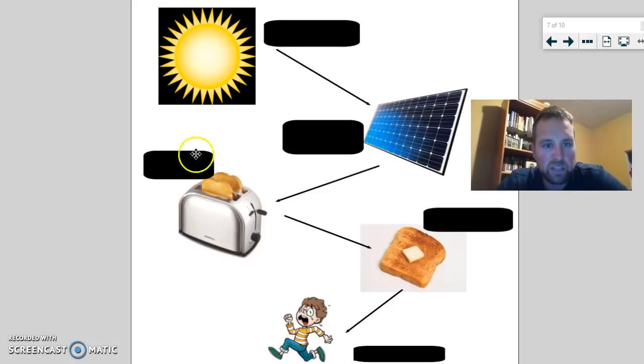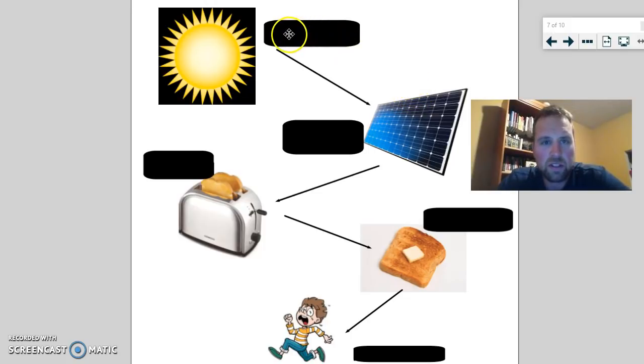Think about what type of energy might come out of this toaster. Think about toast. What type of energy does this toast have? And then a person who's running. So let's see if we can figure out what type of energy is behind each of these. I would recommend that you pause the video and see if you can identify those correct types of energy.